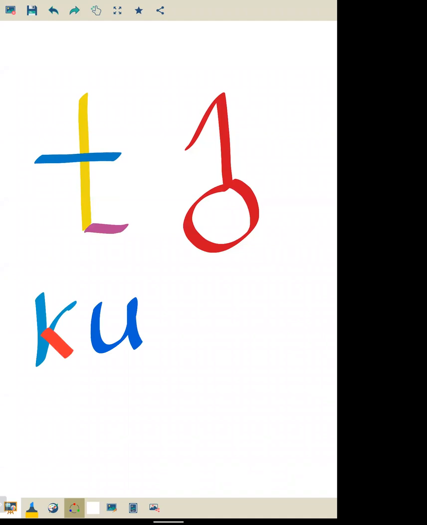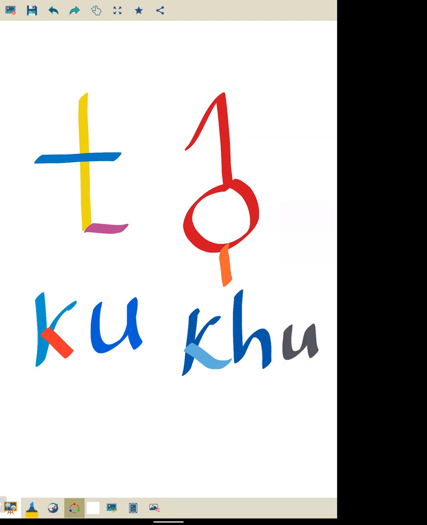But this horizontal line we cannot use in kha, so it will be a vertical line. You have to remember that. You have to use the logic, because the matras, the signs, change according to the shape of the letter, the shape of the graphic.